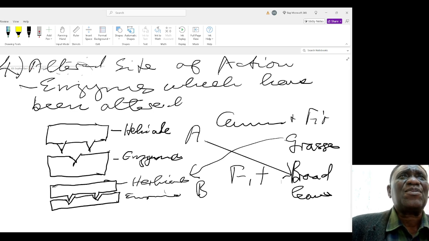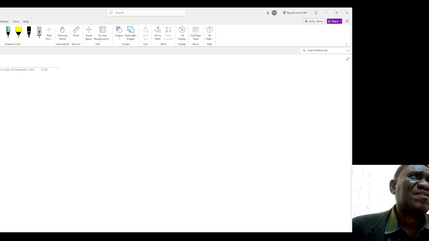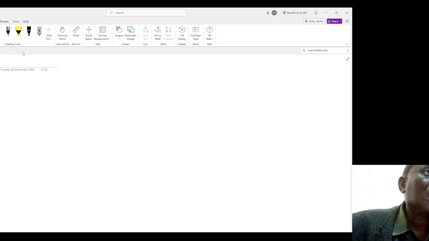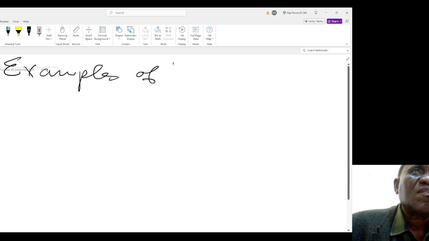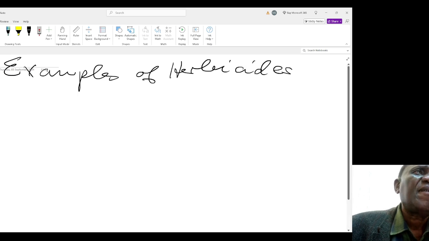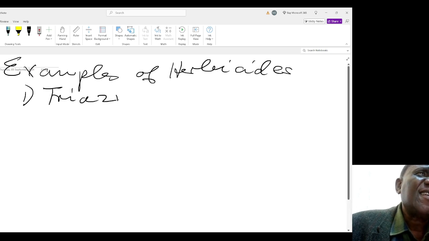I'll give you examples where altered site of action or where altered enzymes can result in selectivity. Number one, we've got triazines.